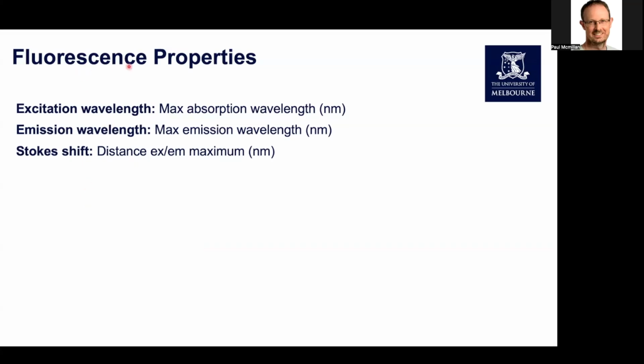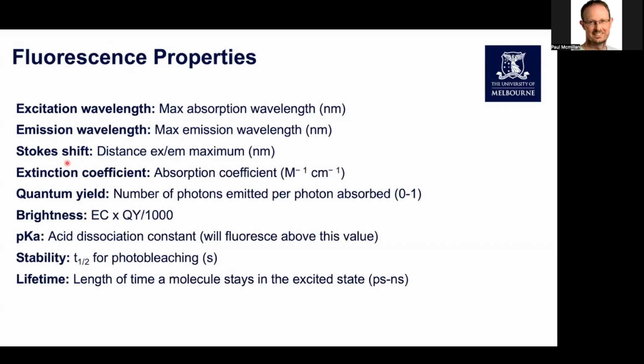So just to go through again, we've looked at 3 main characteristics of fluorescence. That is the excitation wavelength, the emission wavelength, and the Stokes shift. But there are a lot more properties as well that each fluorophore has. So the extinction coefficient is the same, as I mentioned, as the absorption coefficient.